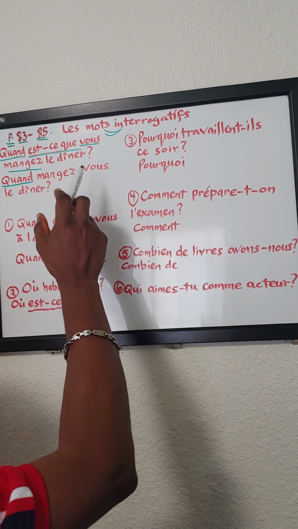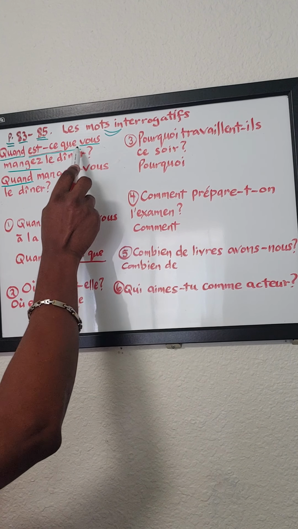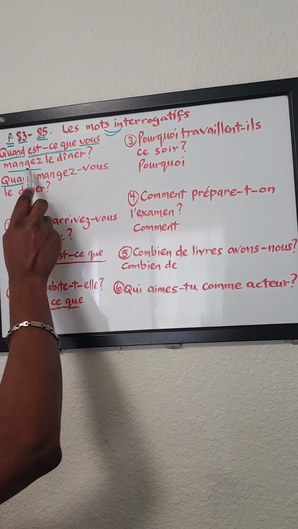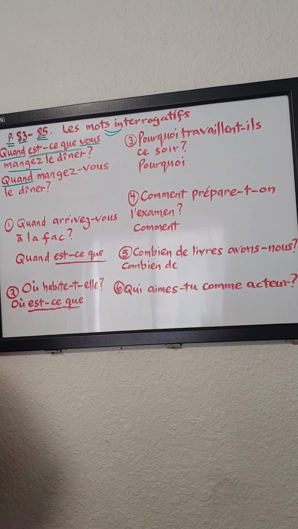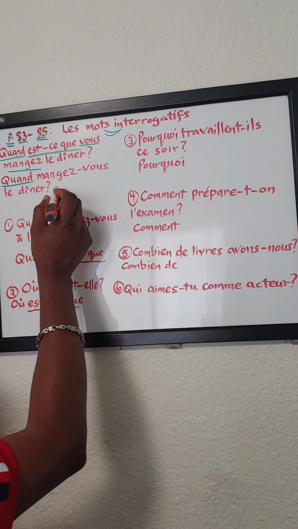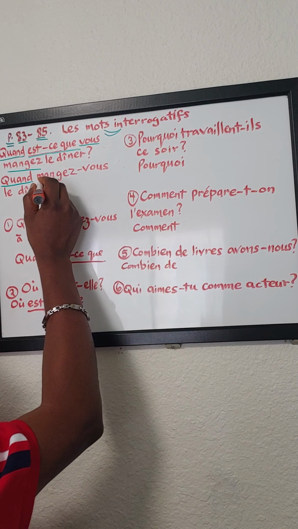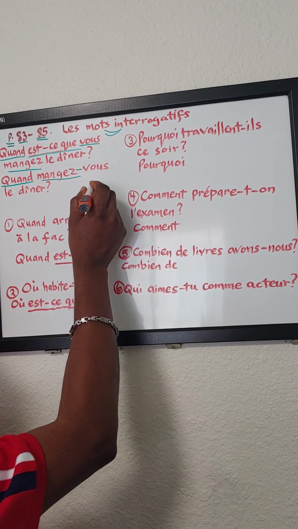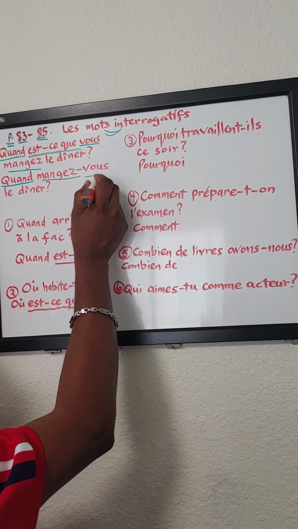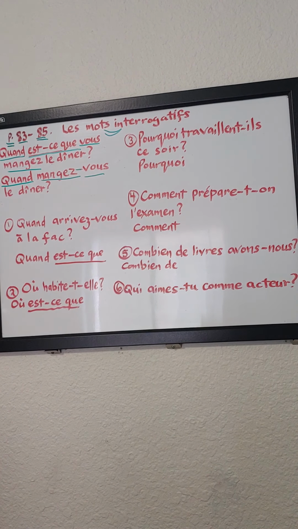And then you change the places of the subject pronoun and the verb, and then you put a hyphen in between the two. So here, quand mangez-vous? See that the verb has come first, and then we put a hyphen in between the verb and the pronoun, right? So there you don't use the est-ce.